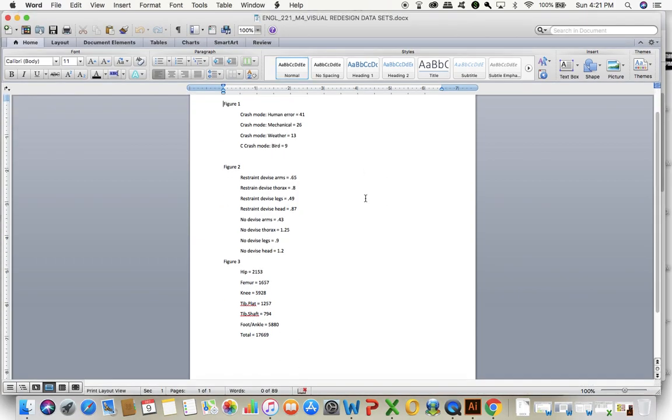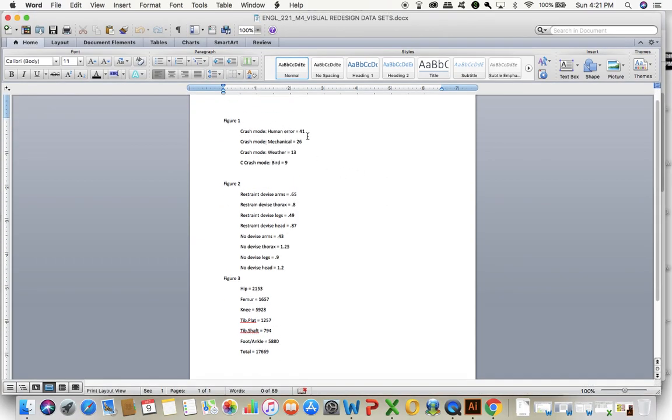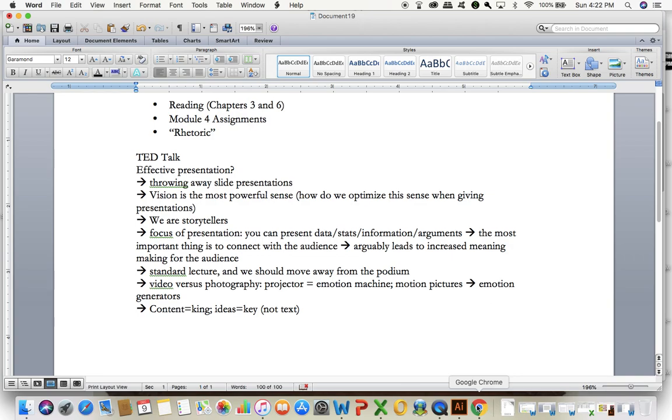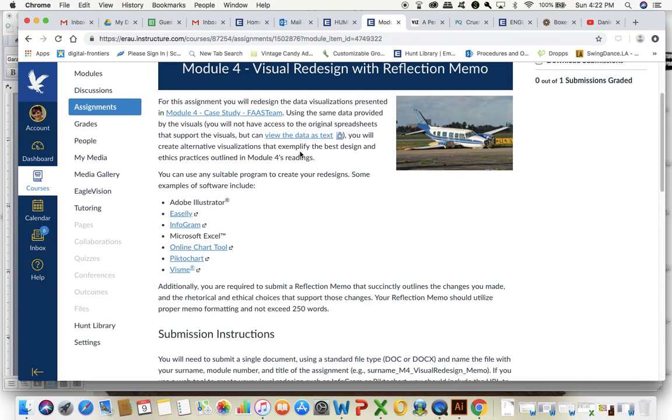For the three visualizations, it gives you the data in text format. So you have that.